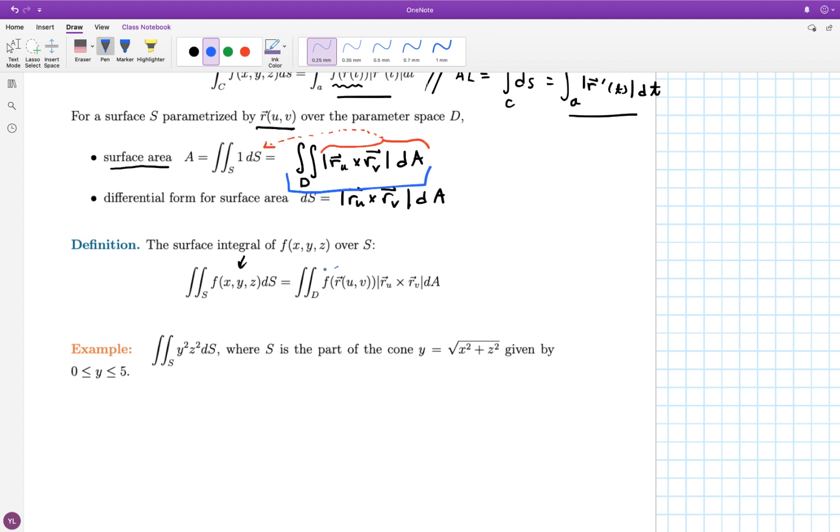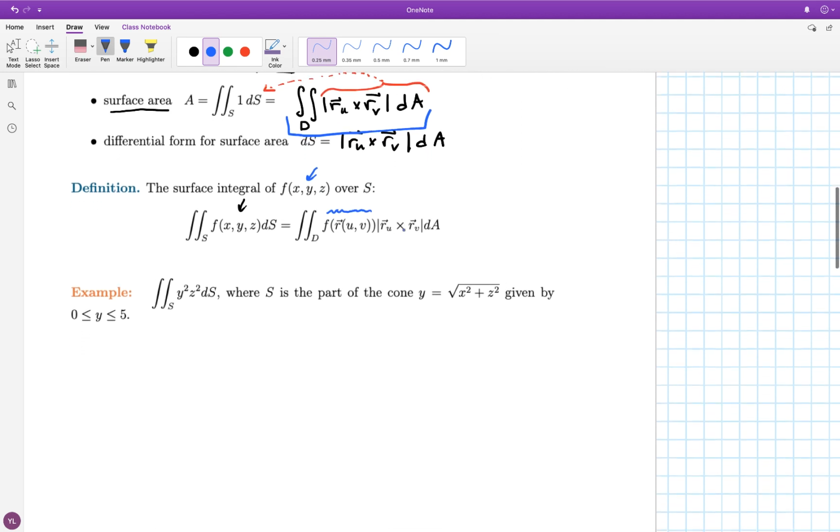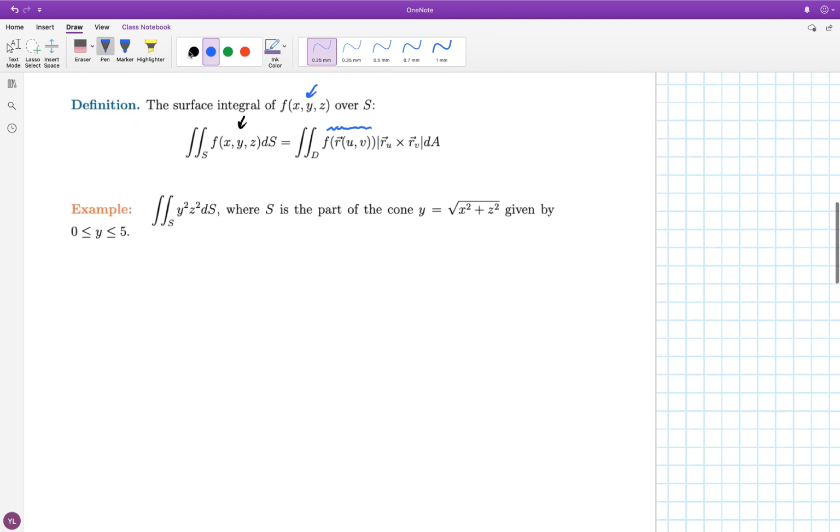If I add in an integrand function, that's going to be called a surface integral of that integrand function over S. And at the beginning, it's not apparent that there's any geometric quantity that this thing is computing, but it's going to support the main theorems of this chapter. Okay, so here it is. This is the surface integral of a multivariate function over a surface, assuming I have a parameterization. So let's practice computing such a thing.